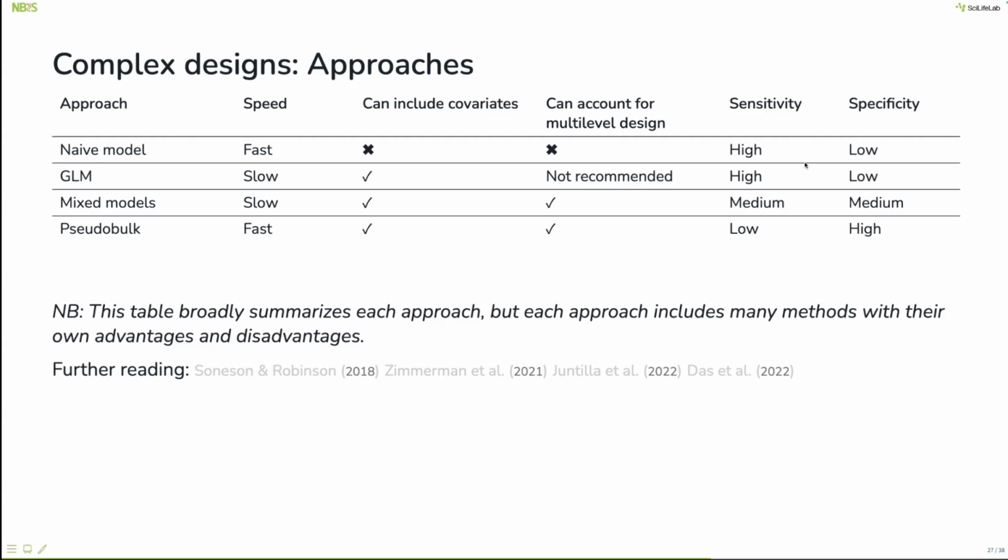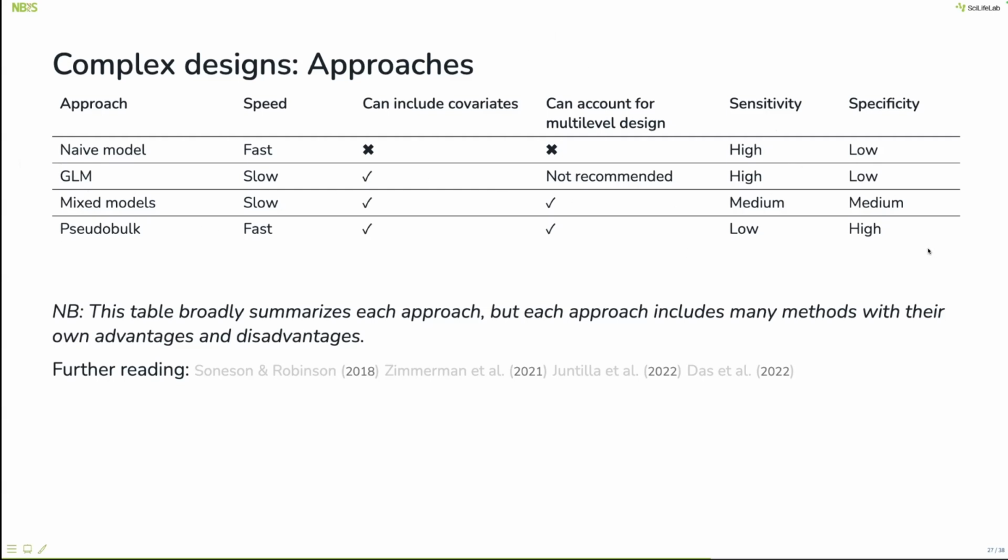And then they also differ in which type of error they're more prone to. Especially if you're using these models for a complex multi-level design test, they will be very sensitive but very unspecific, so you'll have a lot of false positives with those methods.